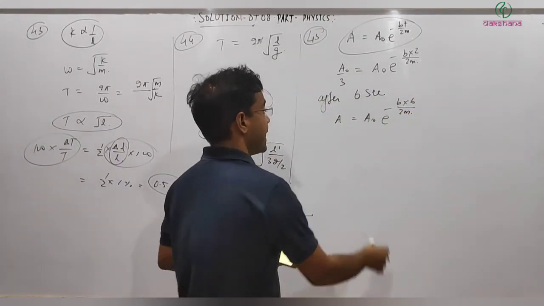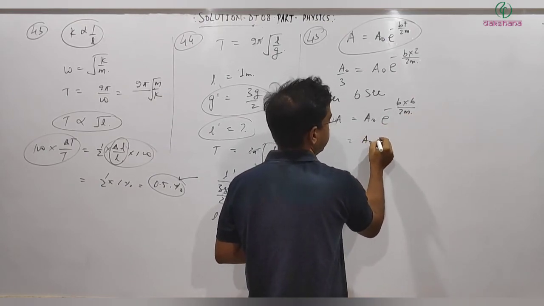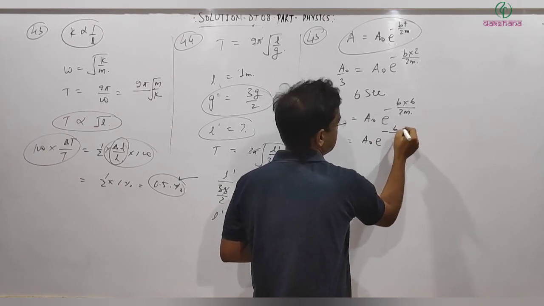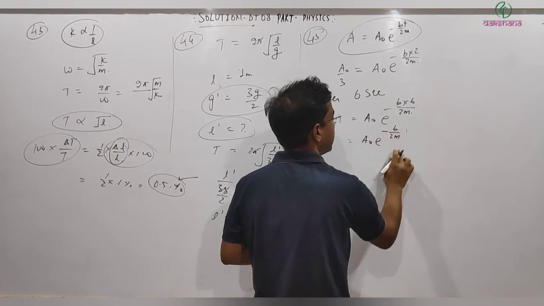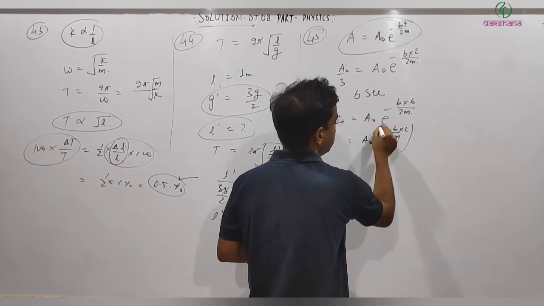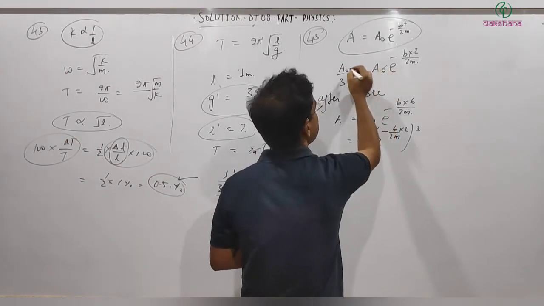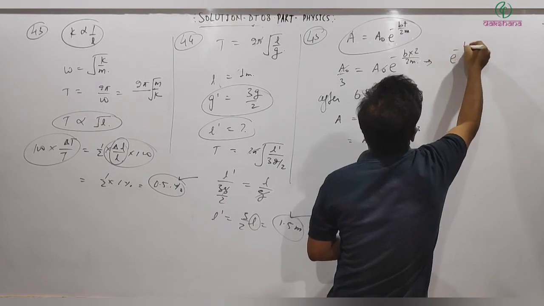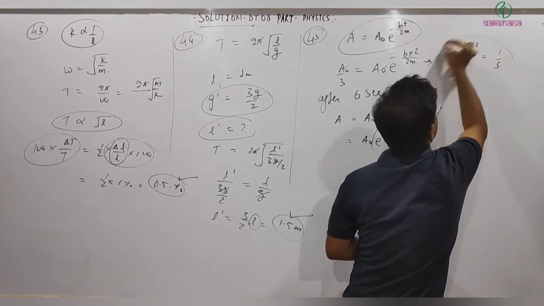This can be written as A naught e raised to minus b by 2m multiplied by 2 multiplied by 3. This is equivalent, and now from here A naught gets cancelled. This implies e raised to minus b into 2 by 2m is equal to 1 by 3.